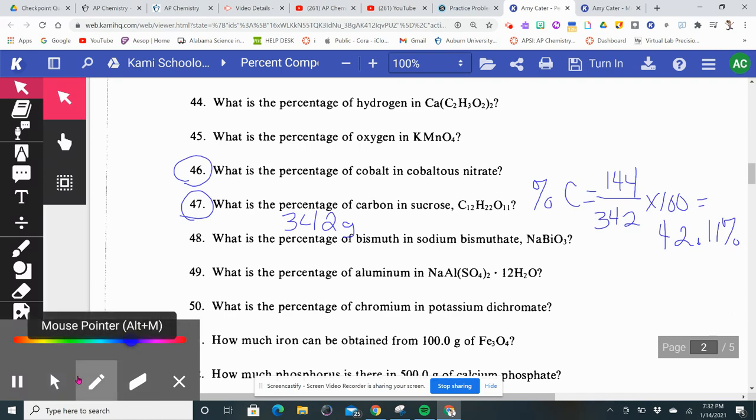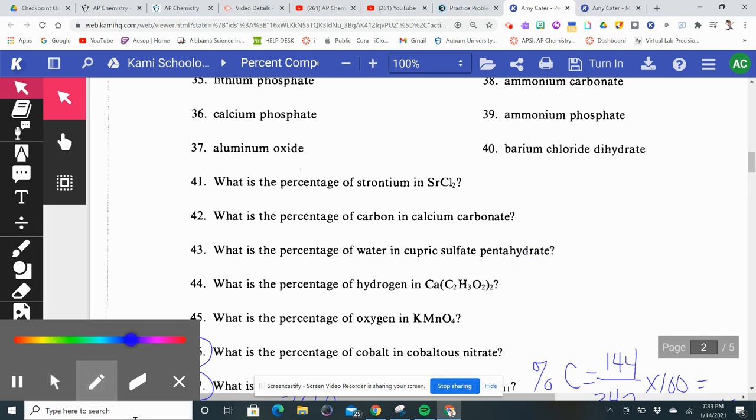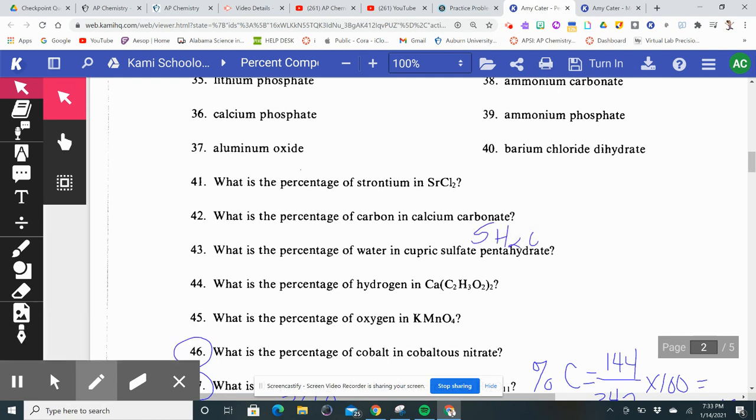Okay, so you'll do that same thing on 41 through 45. The key for these, again, is to find the molecular weight or molecular mass first. On ones like 43, cupric sulfate, that's copper sulfate, and then the pentahydrate would be 5 waters. So we'll tell you that. This means 5 H2Os. And this is just copper sulfate. Don't worry about the cupric thing.